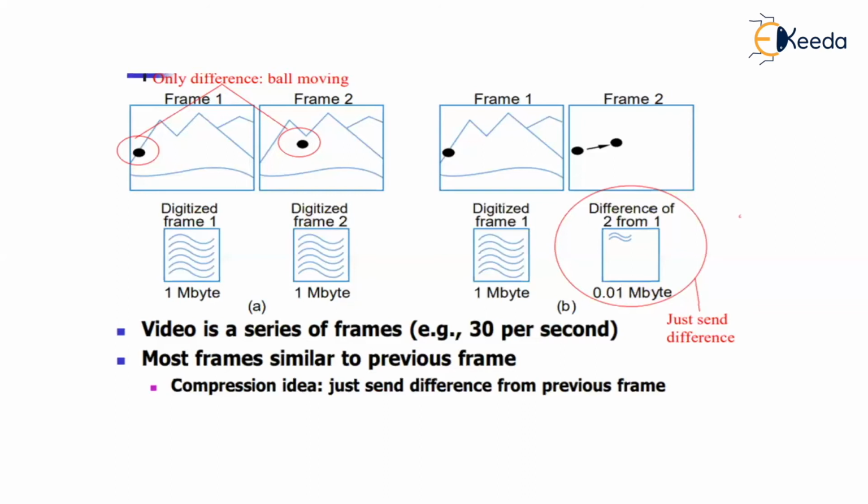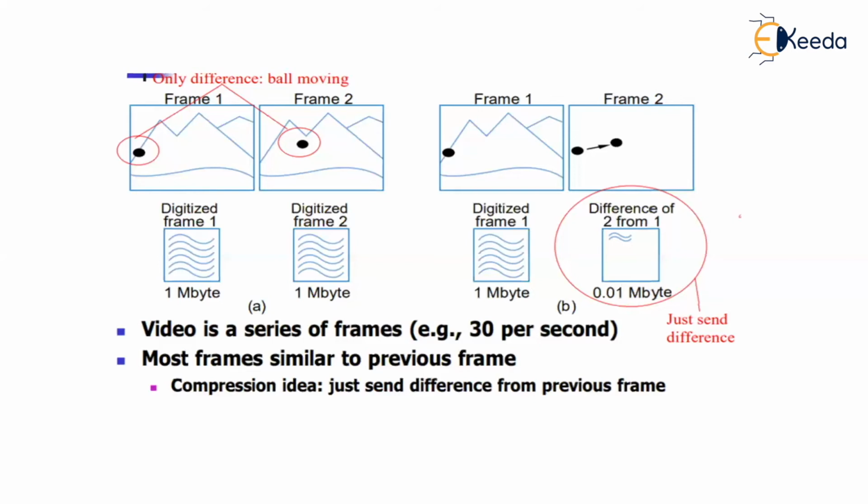So the compression idea is just to send the difference from the previous frame. This difference will be summed with the previous digital frame. So 1 megabyte plus 0.01. Because consider a particular video having 2 images: 1 megabit plus 1 megabit is 2 megabit in the previous case. But using this SAD technique, I have 1 megabit plus 0.01 megabit.